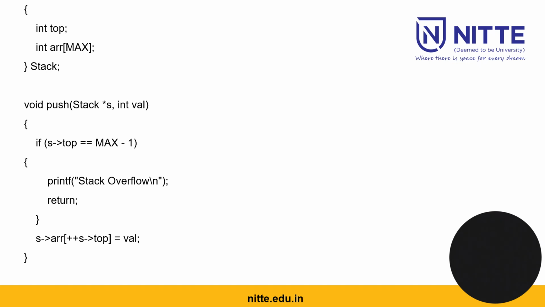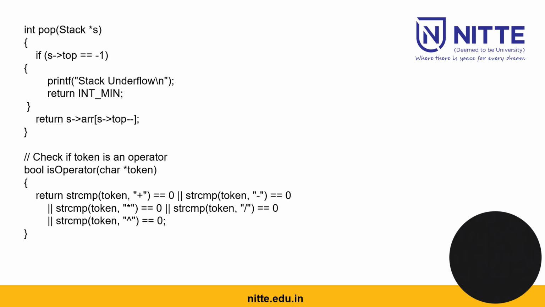That is the meaning of this line. So now that value is assigned to what here? Array of ++top. So first it will be incremented, and at that top I will store the value. Okay, so this is how the push operation takes place.